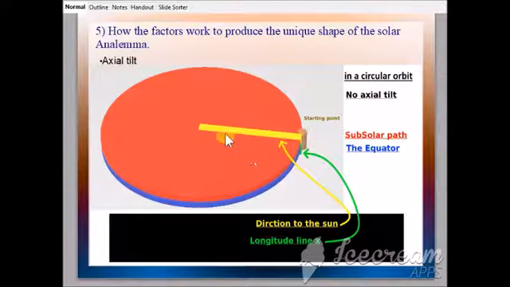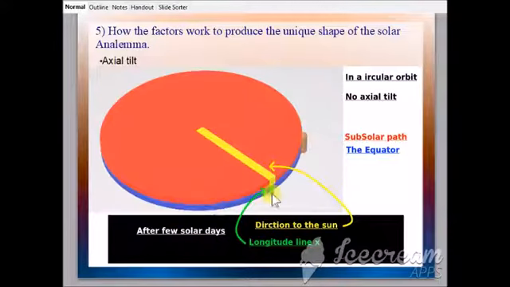So the direction of the sun, or right here, this would be the subsolar point moving across the subsolar path along 1 year. From this starting point, if we have a certain longitude line, call it X longitude line, experiencing a solar noon, after a few days it will look like this. They moved an equal amount of degrees on both their planes, and both are on the same plane, so no problem, they are catching up with each other.